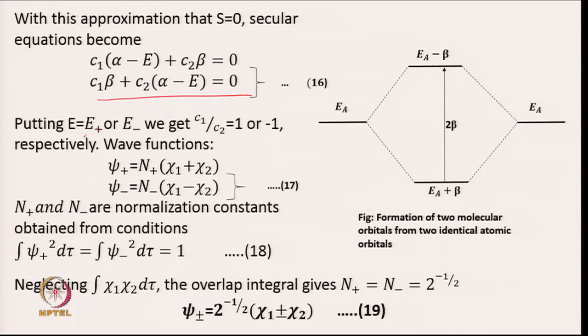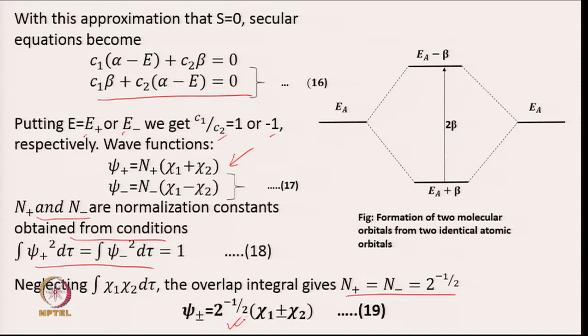If we put the values of E plus and E minus, then we can get C1 by C2 equal to either 1 or minus 1, and now we can write the two wave functions corresponding to the two molecular orbitals. N plus and N minus are normalization factors, which can be obtained from the normalization condition, and when you do that, you will get N plus equal to N minus equal to 1 over root 2.